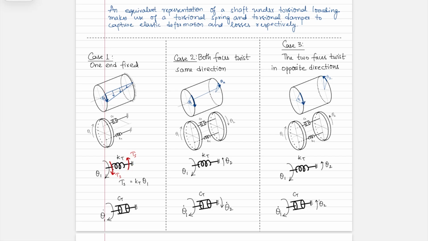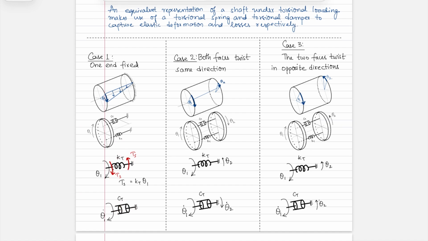Of course, since this end is experiencing tau s due to that load torque, effectively the disk over here would experience the reaction torque in the opposite direction. Okay, so we'll see that in an example, but right now I'm only drawing the torques that are experienced by the spring.